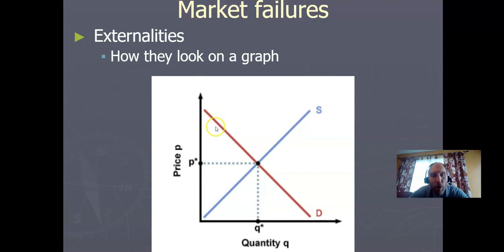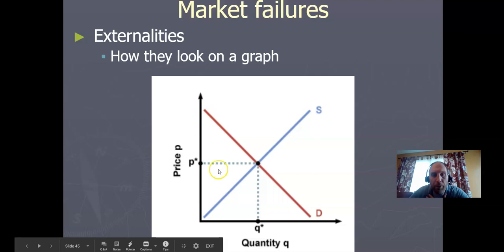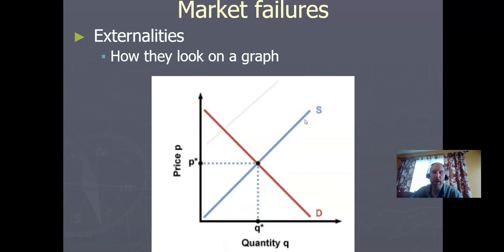This demand curve represents the marginal benefit that consumers receive when they consume something. This supply curve represents, not the marginal, I should say the private cost a firm incurs when it is producing products.